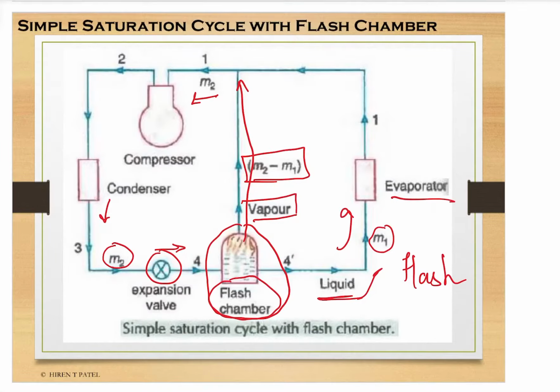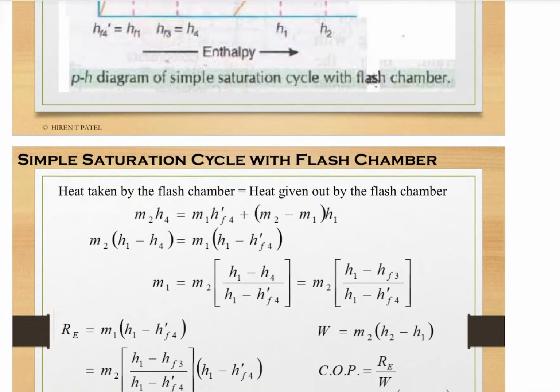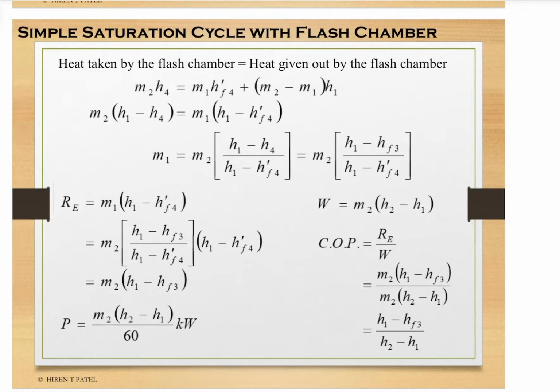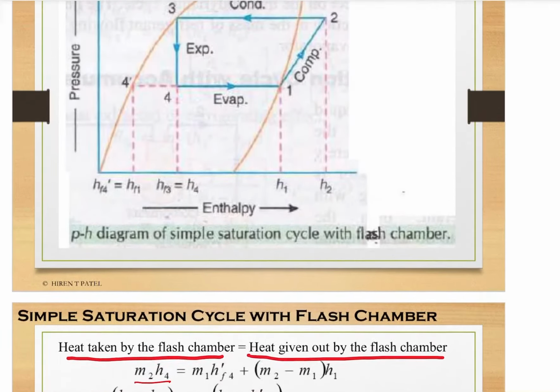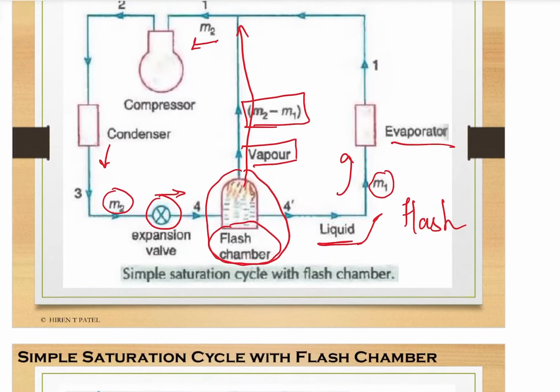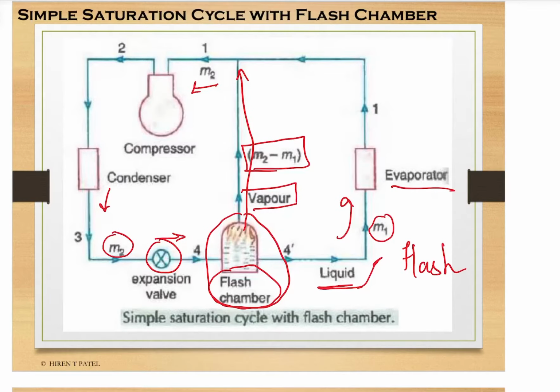Now for the analysis of the system, first we have to do a heat balance. The heat taken by the flash chamber is equal to the heat given out by the flash chamber. The heat taken by the flash chamber is M2 H4. Here we can see that at point 4, M2 mass is entering the flash chamber.